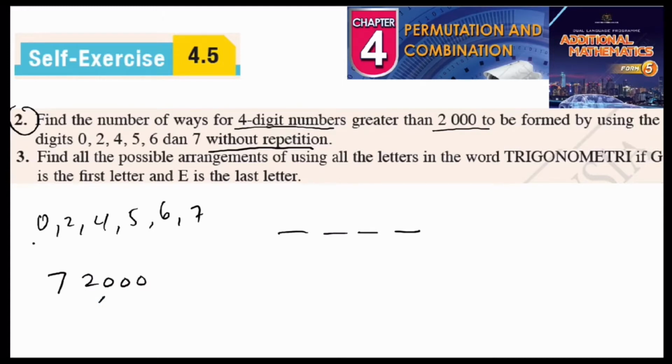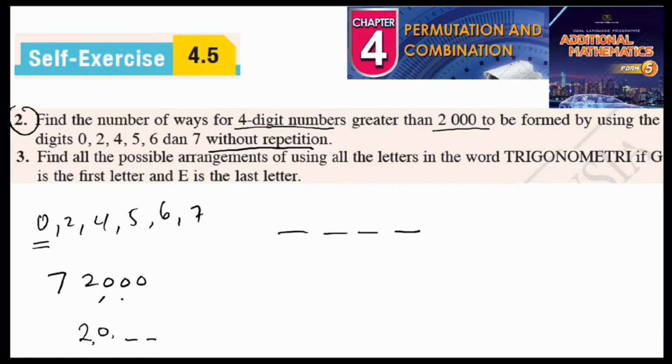So 0 is not inclusive. So we cannot consider 0 as a digit for the first space. That means for the first space, we only got 5 choices or 5 ways, either 2, 4, 5, 6 or 7. Okay, so that is how we start first.